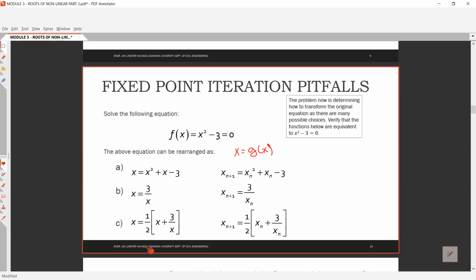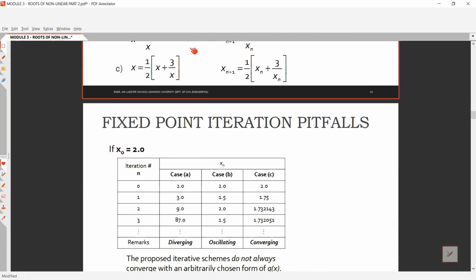So this is the hard part: how to know the arrangement of the iteration, the fixed point iteration scheme. These are the pitfalls. Let's see what the three possible cases are that can happen during your fixed point iteration.